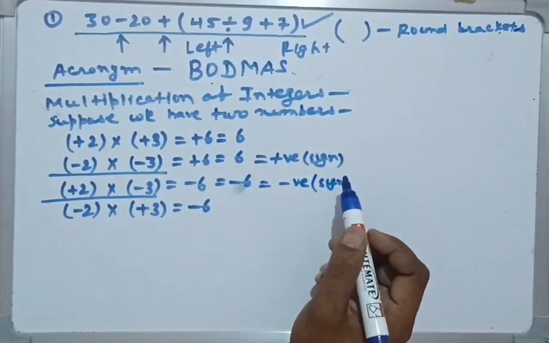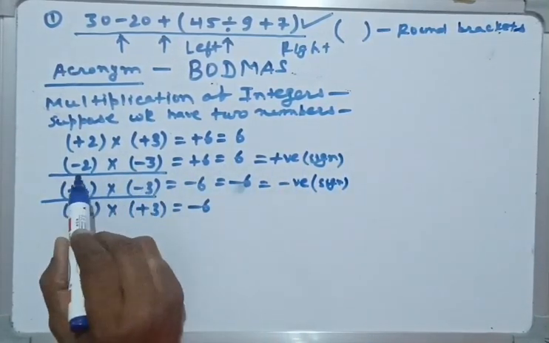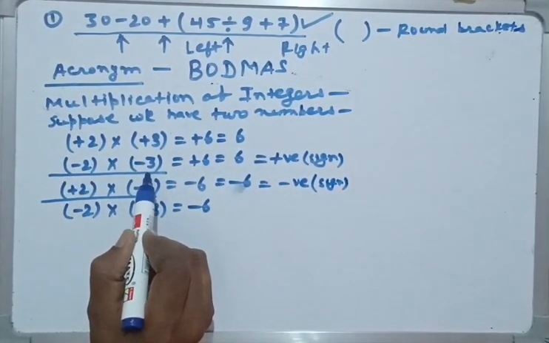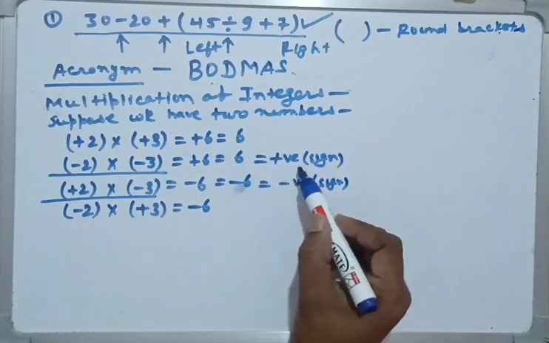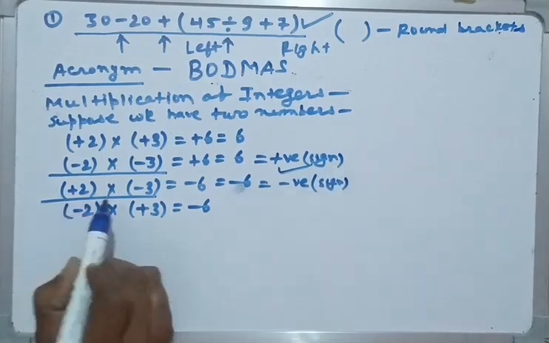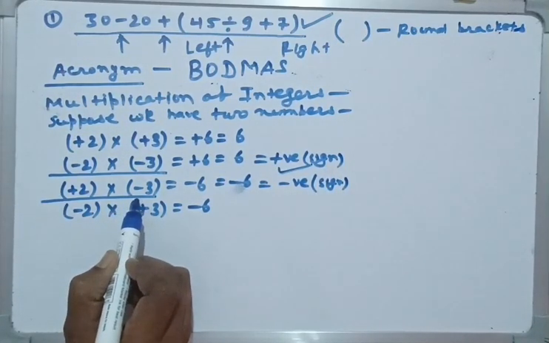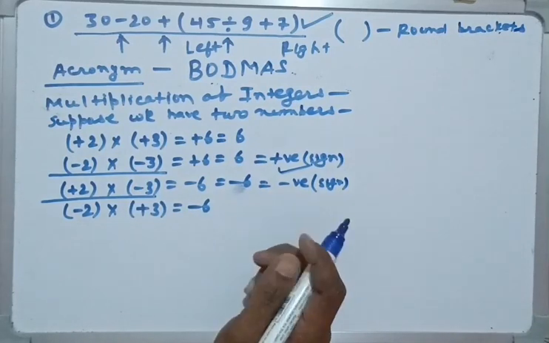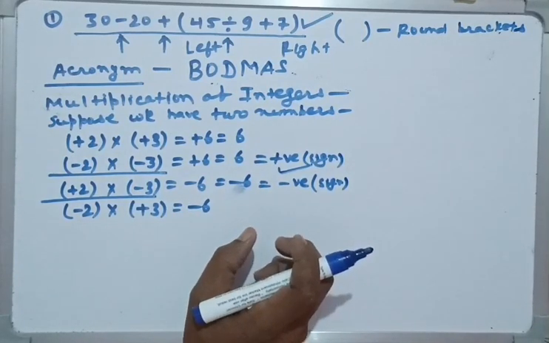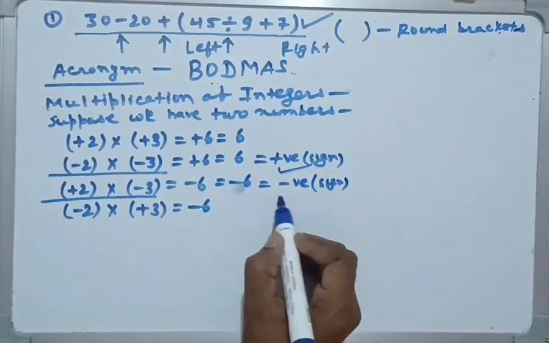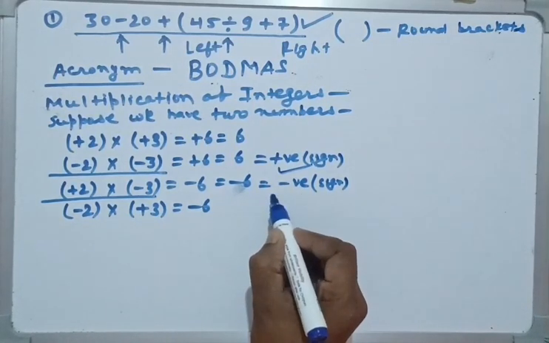Why? Because in this case two negative numbers are present, and 2 is an even number, so the answer is positive. In this case there is one negative number, 1 is an odd number, so the final answer has a negative sign.